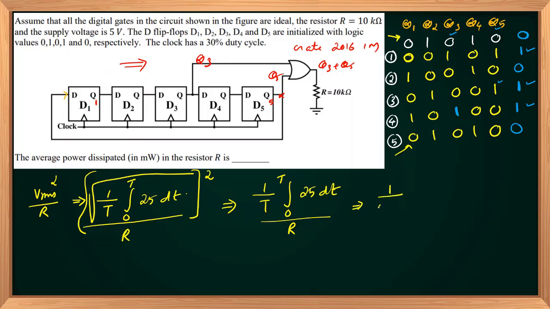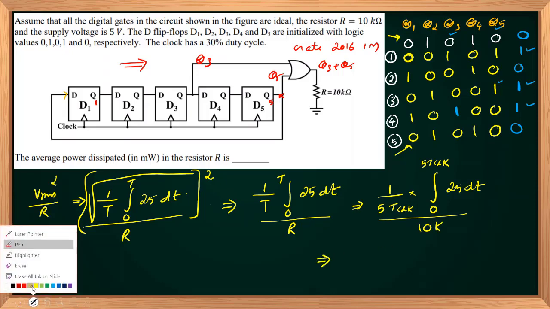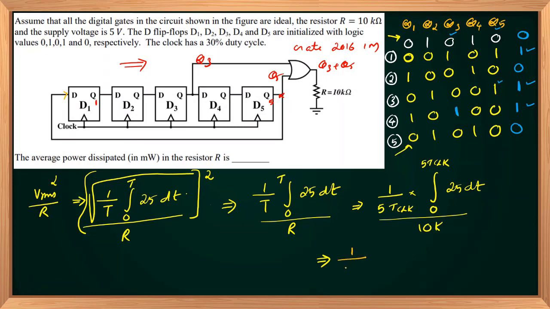So 1 by 5 T clock, integral over the period, that is 5 T clock, 25 dt upon 10k.